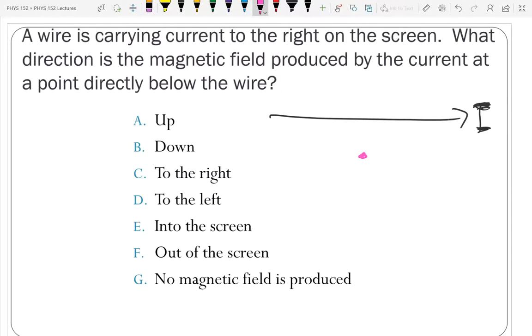Is it going up, going down, going to the left, to the right, into the screen, or out of the screen? So just to make sure we're clear, this will be up, this will be down, this will be right, this will be left, and of course, into the screen, out of the screen. Hopefully we're pretty clear.